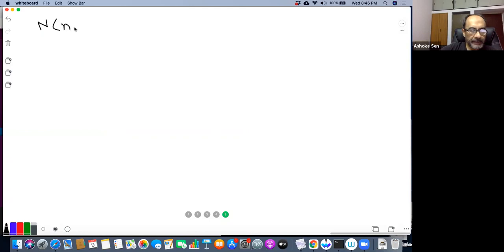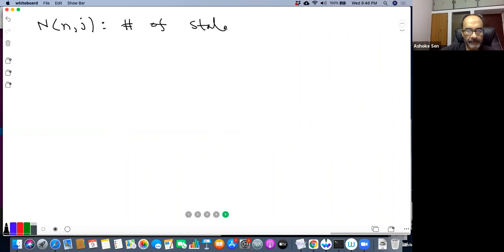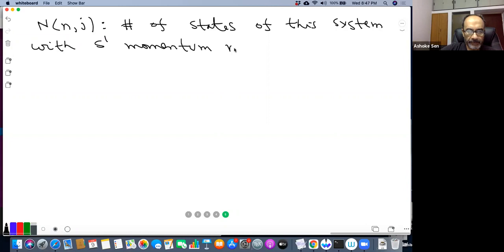Okay. So let's say N_J. This we define as the number of states of this system with S1 tilde momentum N, S1 tilde momentum, or maybe say angular momentum.